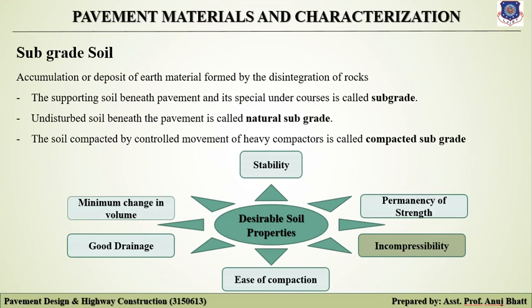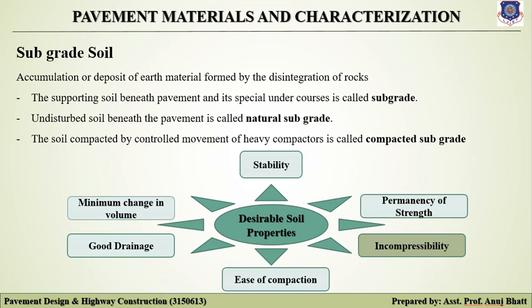That means when a compressive force is applied on the pavement layer, how much the volume decreases and how much the soil allows itself to be compressed is its compressibility. Incompressibility of the soil subgrade is desirable, as compression of soil due to application of loads may cause differential settlement and failure of the pavement surface.